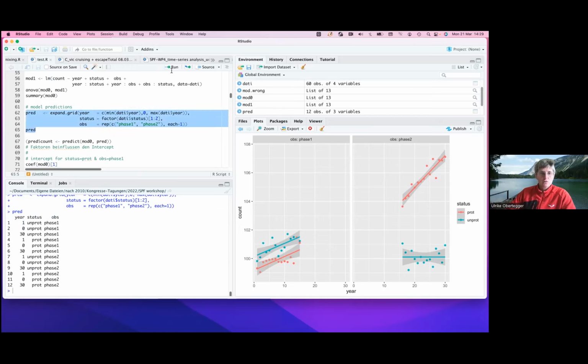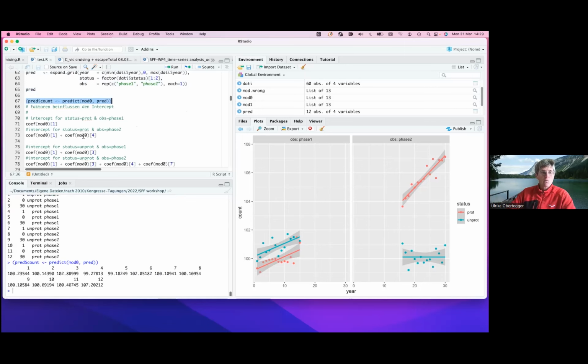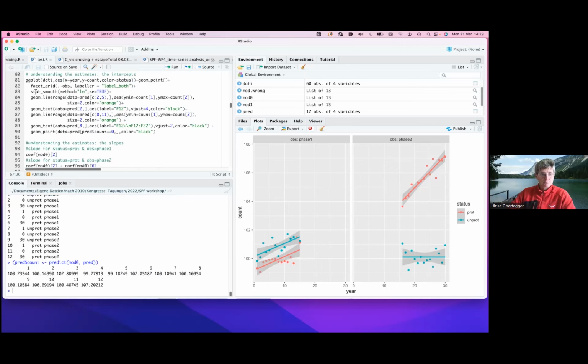So let's execute this, we are just creating this data frame with predict, pred. So we take our model and we predict for the values from the pred data frame. We get our counts. And now we want to do some plotting.